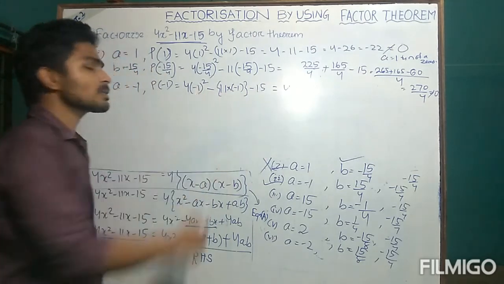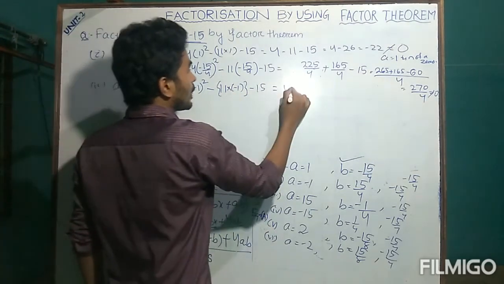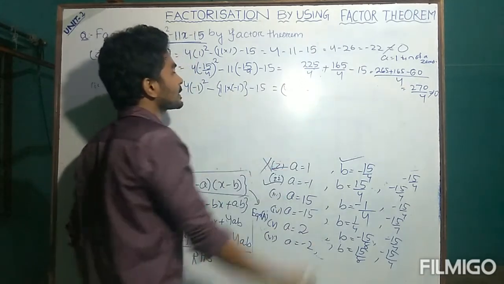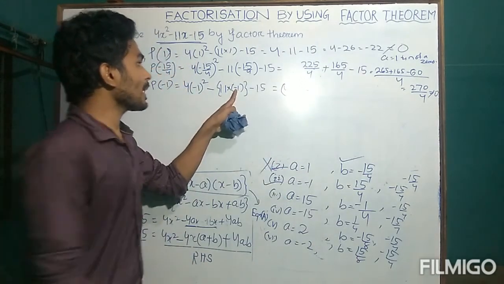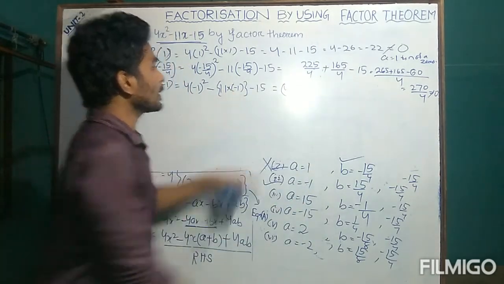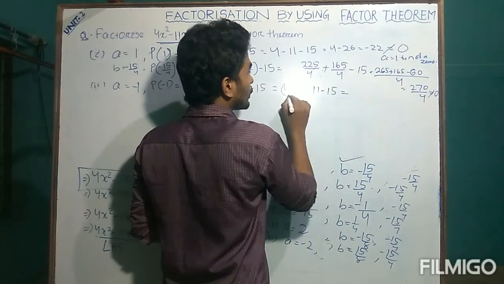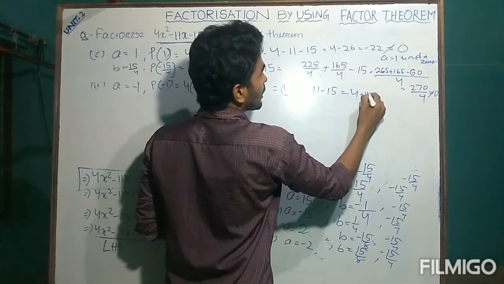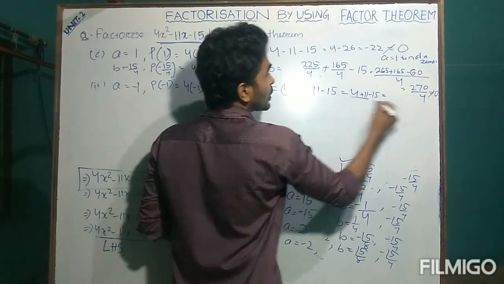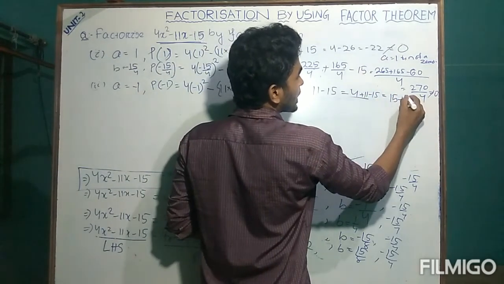So minus 1 square is 1, 4 into 1, and you can see minus minus plus, 11 into 1 is 11, minus 15. 4 into 1 is 4, plus 11 minus 15. 11 plus 4 is 15, minus 15 is equal to 0.